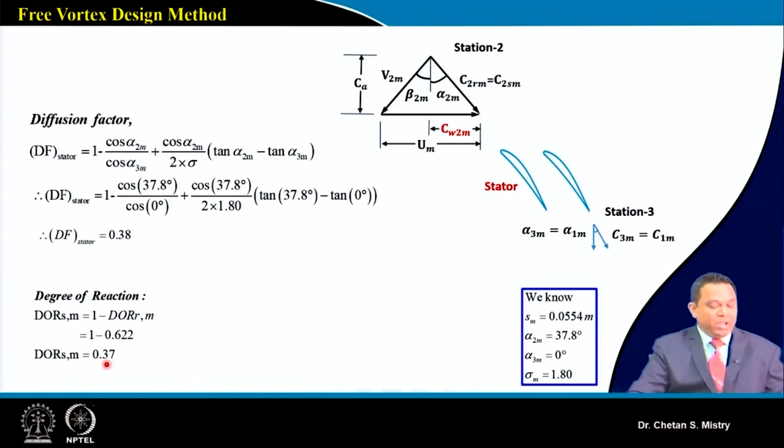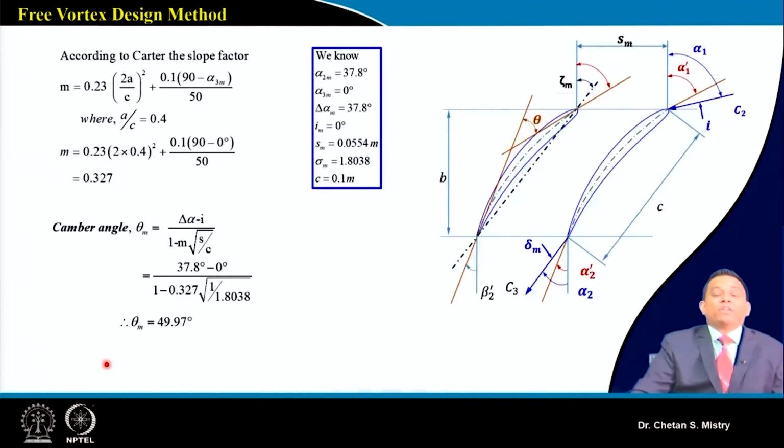Okay. Now once these parameters are known to us, we are more interested in our flow angle calculation, and for that we will first calculate the M factor or Carter factor. This Carter's parameter is given by this formula, and for the stator also we are considering a C4 profile.